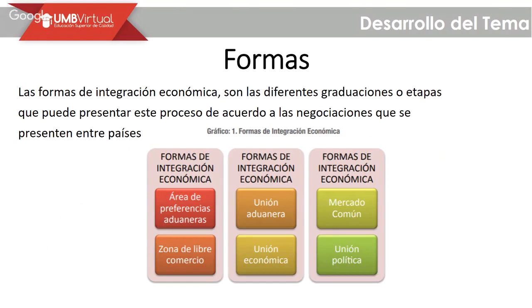The first group is customs preference areas. It is the area where preferential treatment is given to the products coming from the countries that made bilateral or multilateral agreements. The preferences that are granted are tariff reductions.